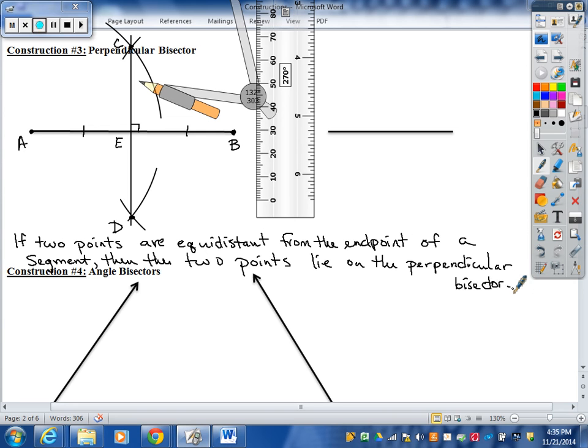Okay, all right, and so, yeah, pretty simple construction.